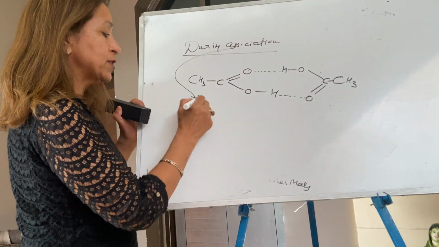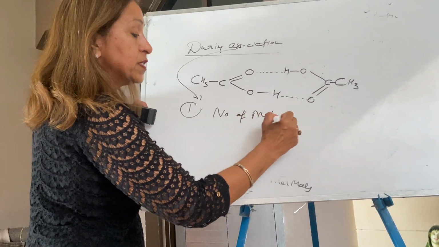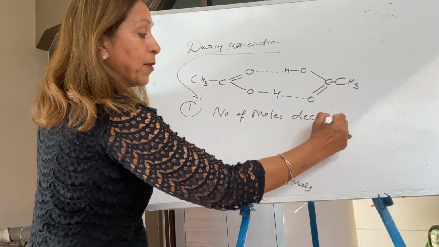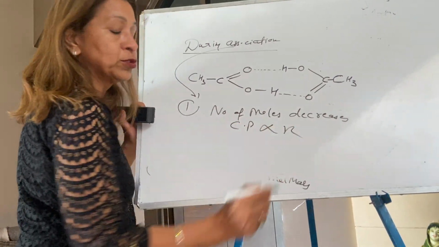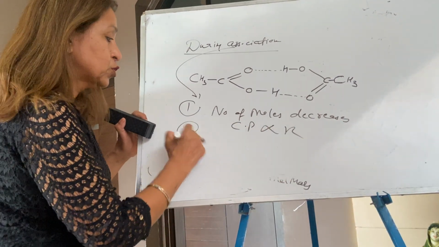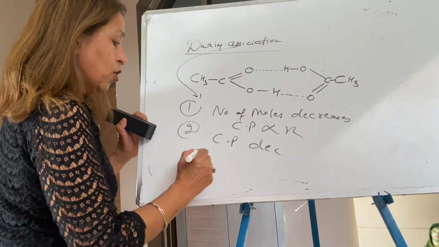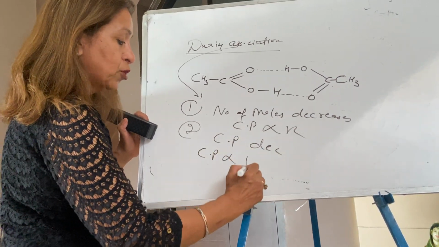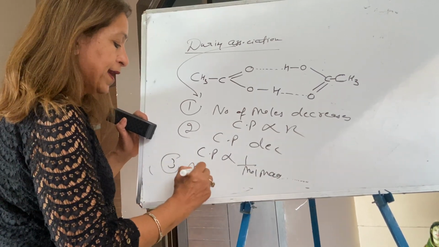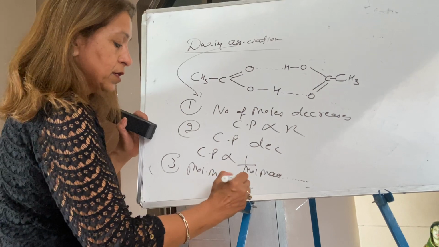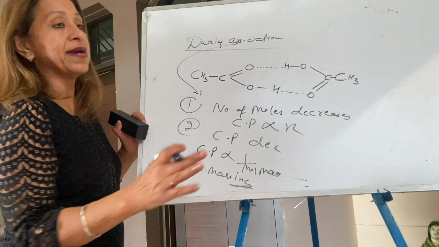So that means after association, the number of moles decreases. Colligative property is directly proportional to the number of moles, so colligative property decreases. Colligative property is inversely proportional to molecular mass, so molecular mass increases. This increase in molecular mass is again abnormal molecular mass, right?